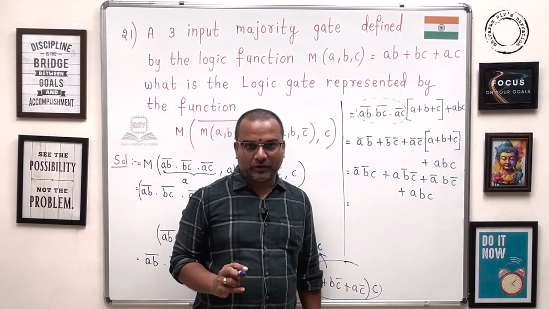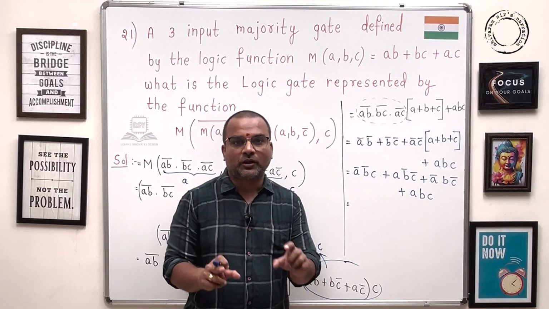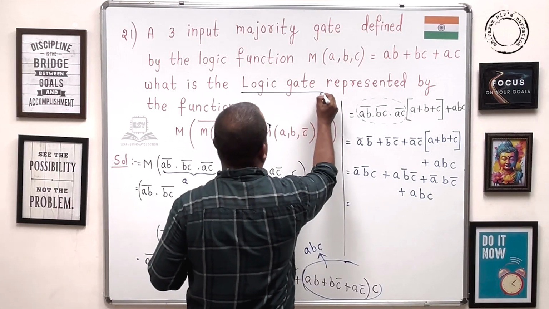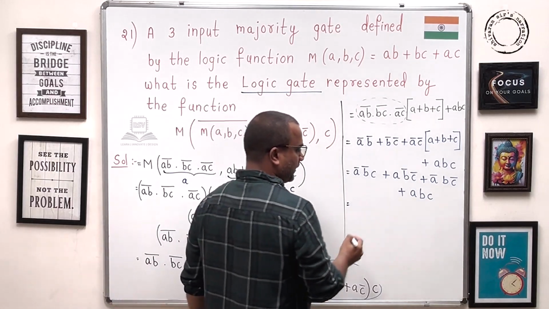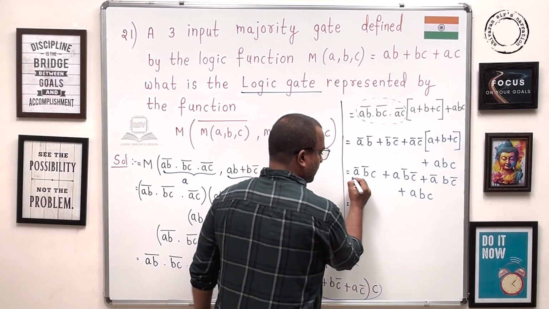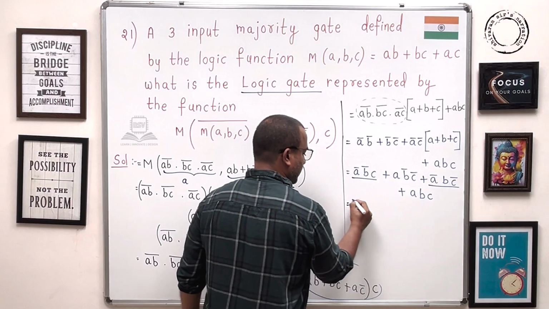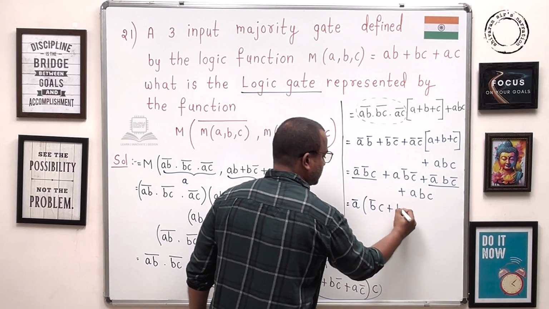And we want to know about the logic gate. What is the logic gate? They are not asking you the Boolean function. They are asking you what the logic gate is. Okay. Now, here you see A bar and A bar. Then you can take the common A bar, (B bar C plus BC bar).